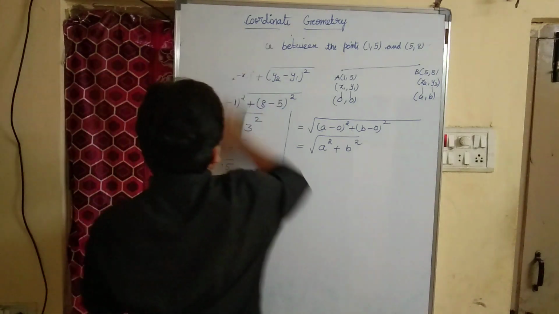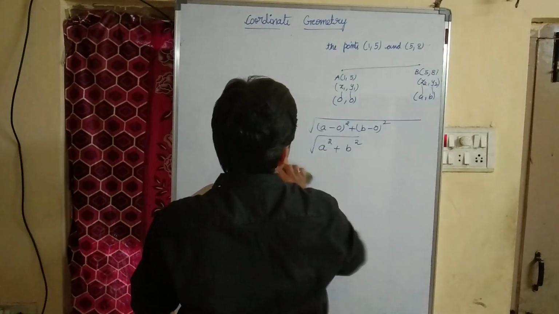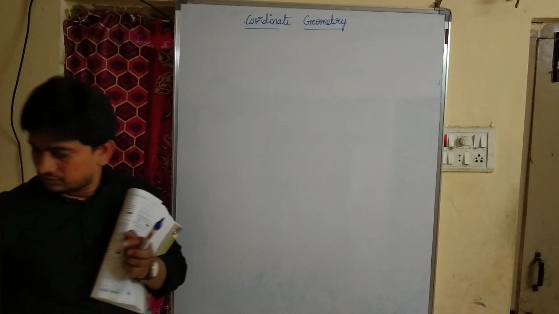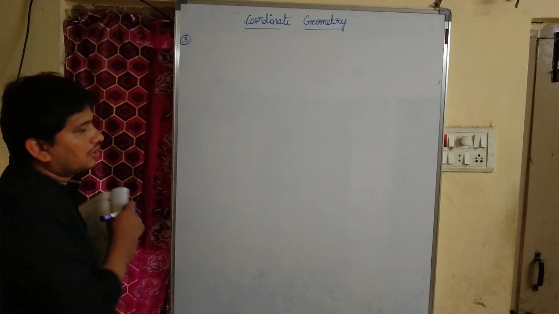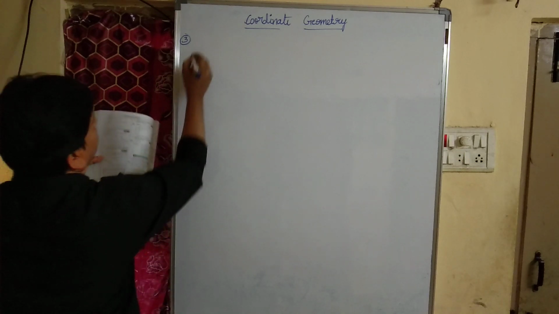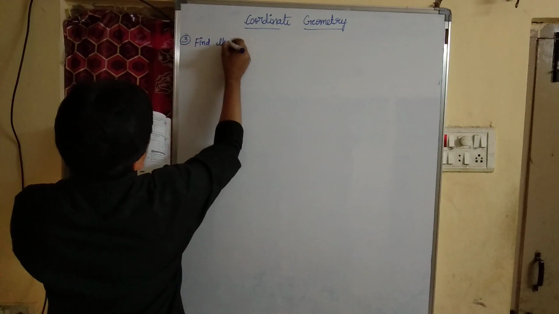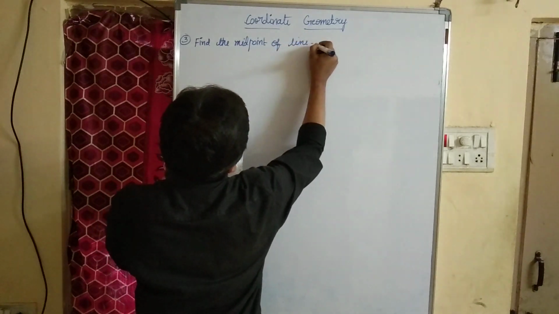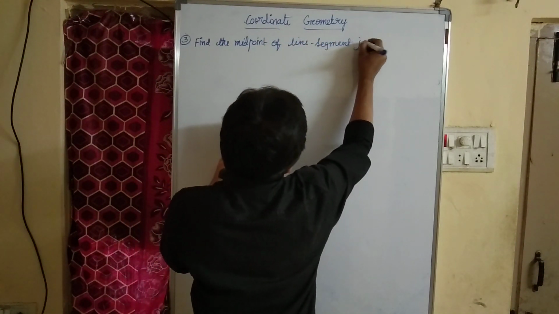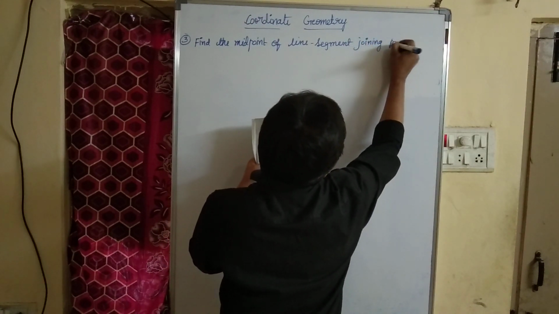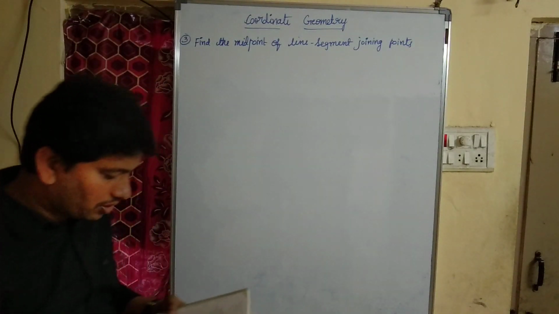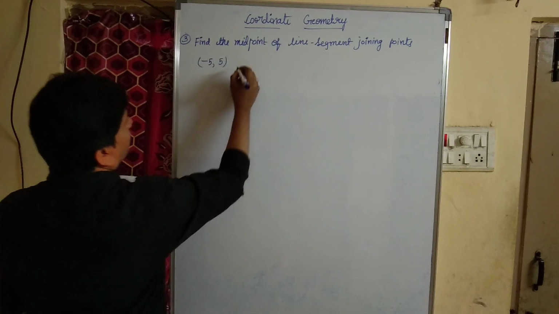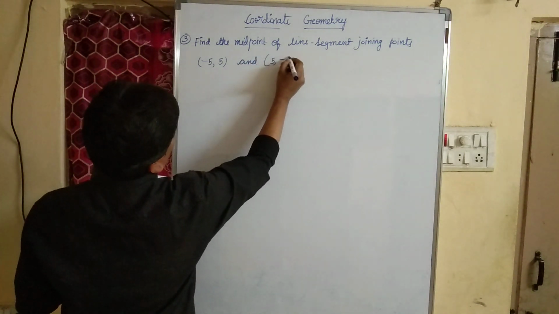Now coming to concept number 3, that is midpoint. How they will ask question: find the midpoint of line segment joining points minus 5 comma 5 and 5 comma minus 5.